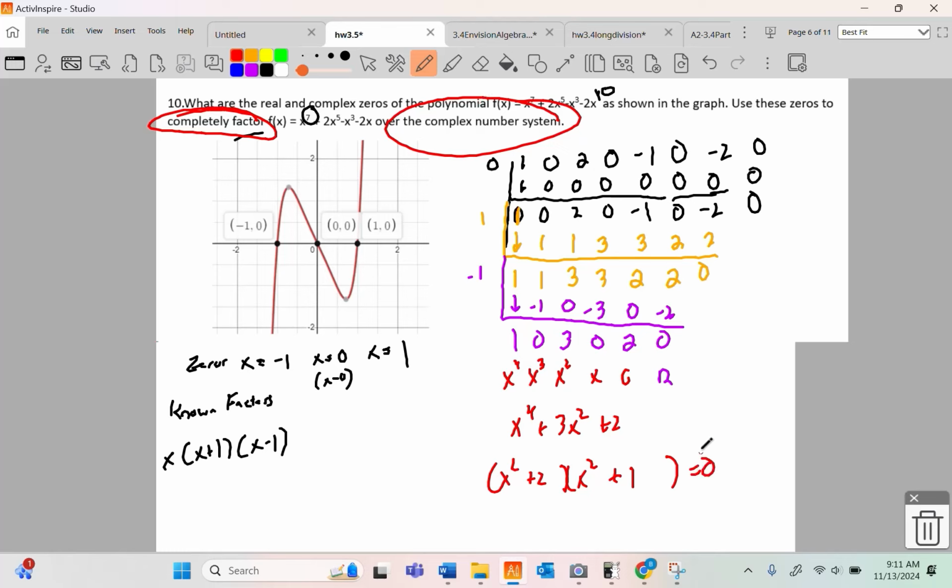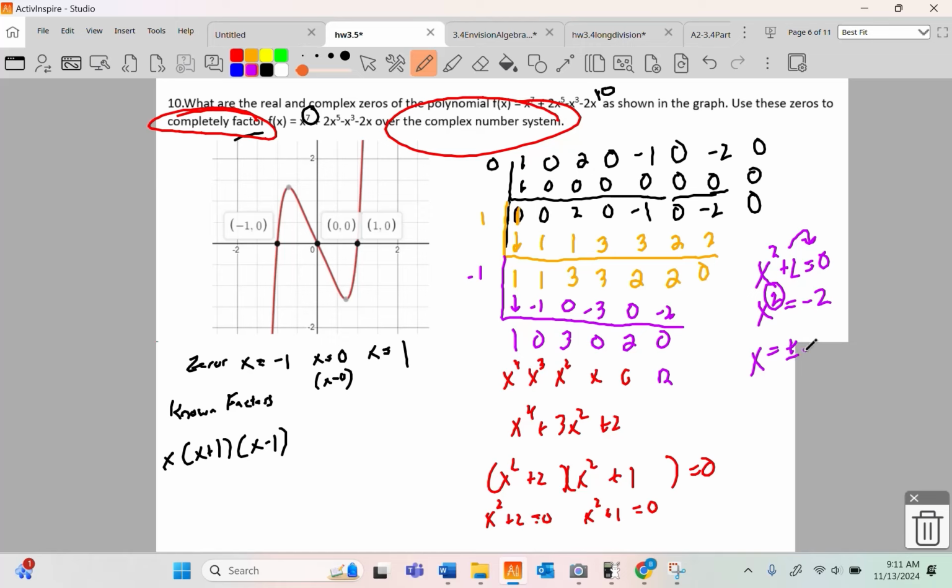So I'm going to set this thing equal to 0 so that I can find my zeros. All right, so if I have x squared plus 2 equals 0, I'm going to shift my 2 over. X squared is -2. I know this is not real. I also know I need 2 answers.